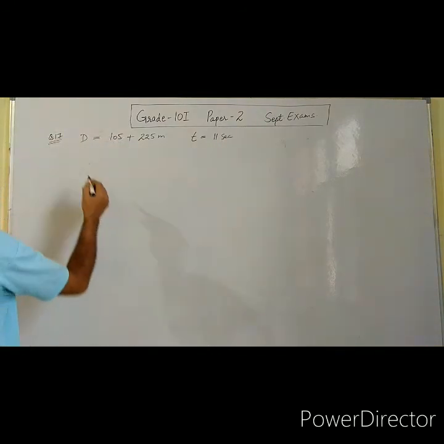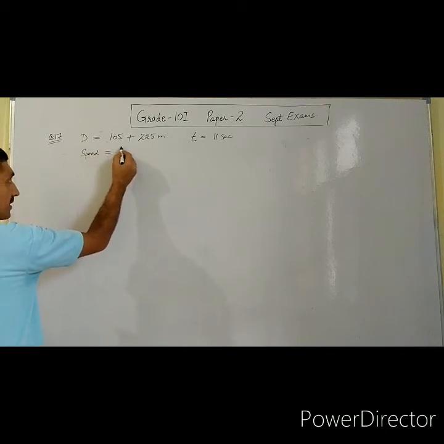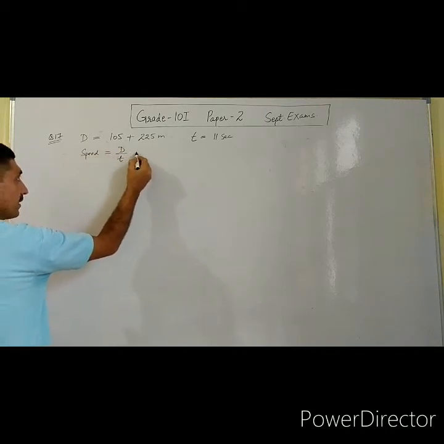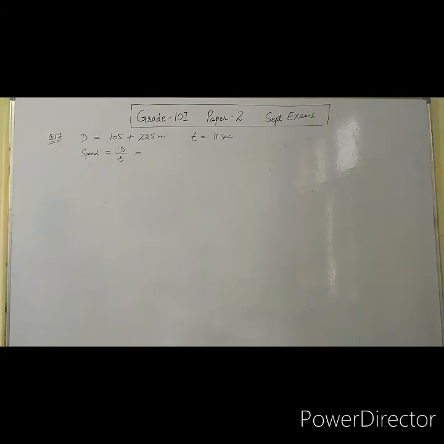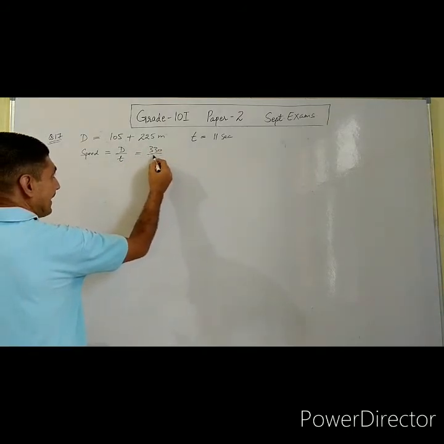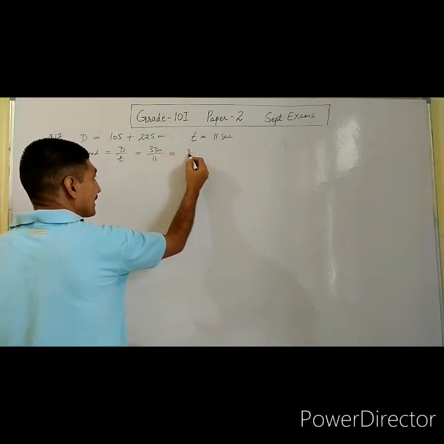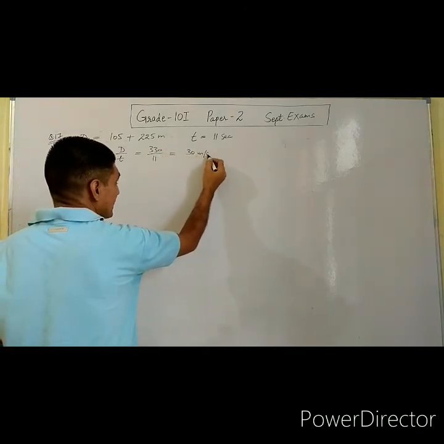So here we want to find the speed of the train. Speed, we know, is the distance traveled over time taken. So here that is 330 upon 11, which is 30 meter per second.